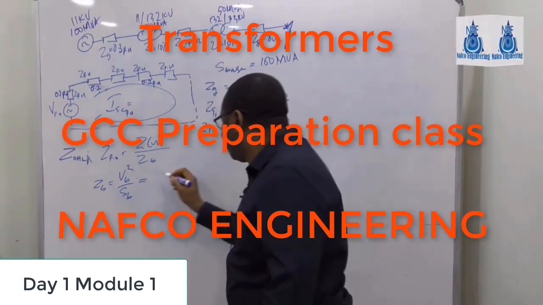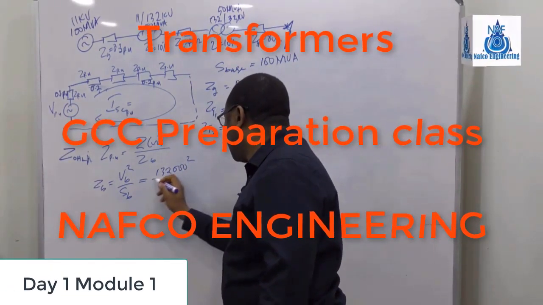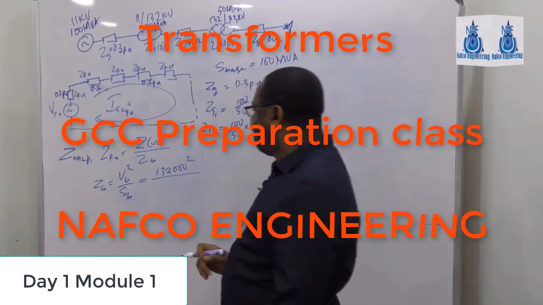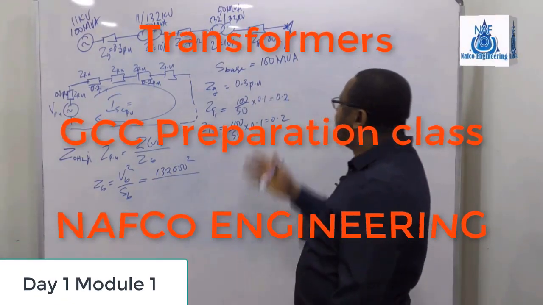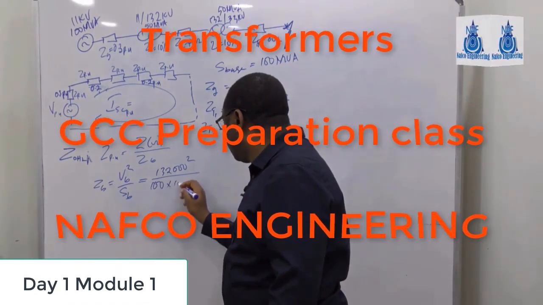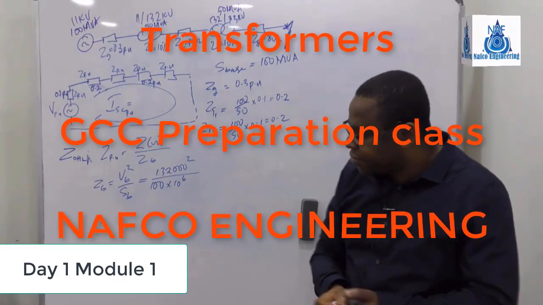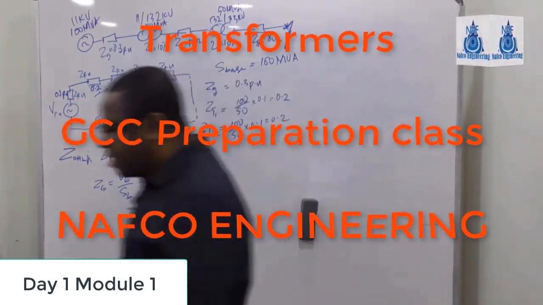The voltage there is 132,000 squared over S base. The base that we have chosen, 100 to the power 6. Okay? Let's get my calculator.